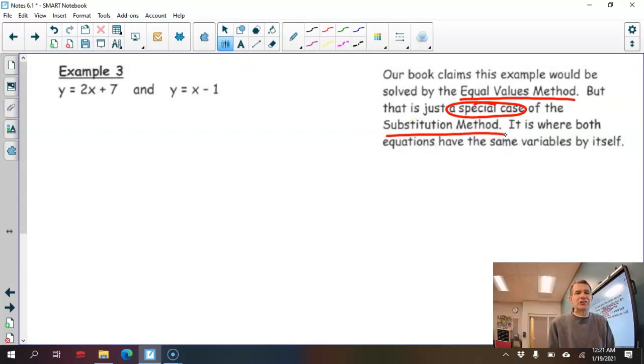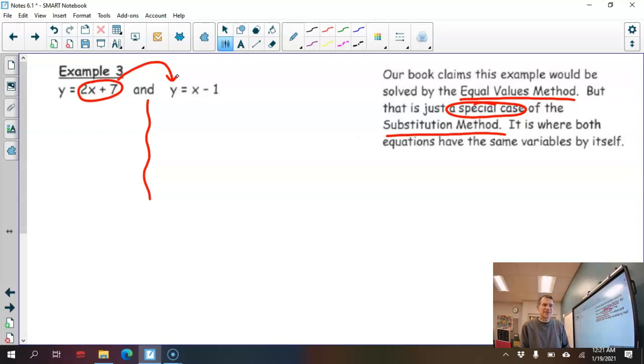There's no reason to learn another method. Here's why. I'm going to take what y equals in the first equation and substitute it into the second equation. So I'm going to rewrite the second equation, but instead of writing y equals, I'm going to make my substitution. This would be 2x plus 7 equals x minus 1.